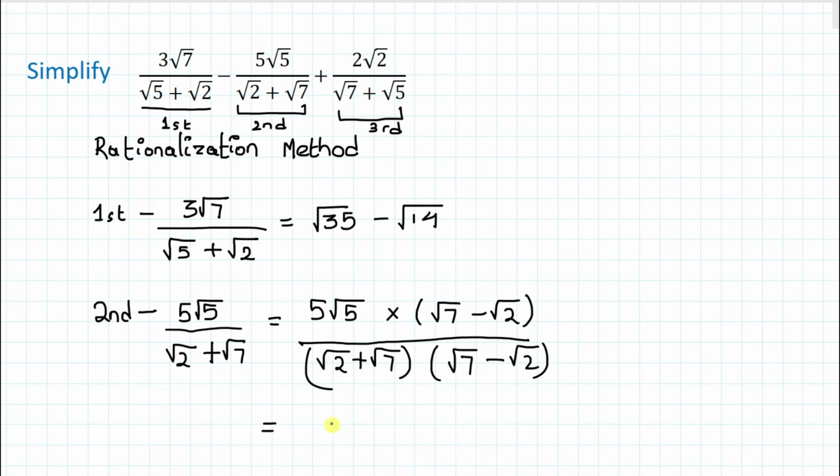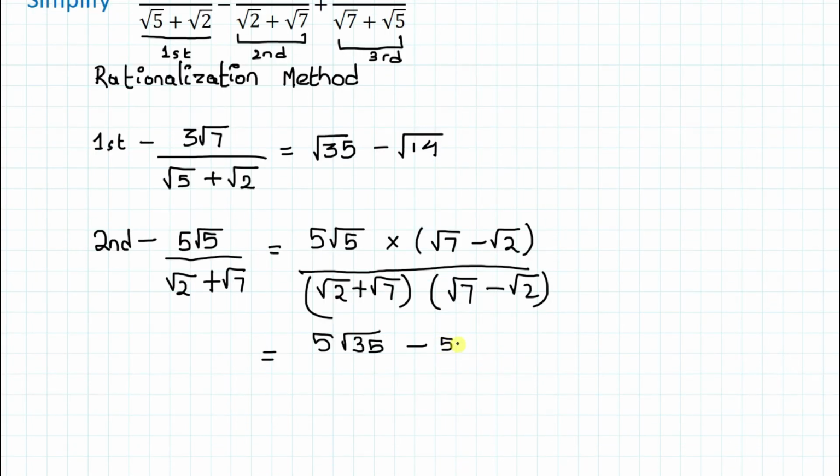What I'll get is 5 root 5 multiplied with root 7, I'll get 5 root 35, and 5 root 5 multiplied with root 2, I'll get minus 5 root 10. Similarly, by applying the algebraic identity here, what I'll get is 7 minus 2, that is nothing but 5.